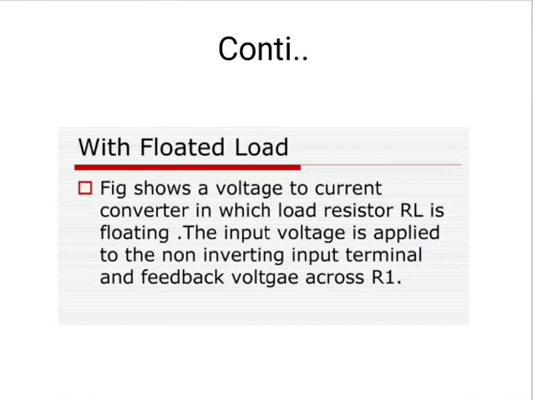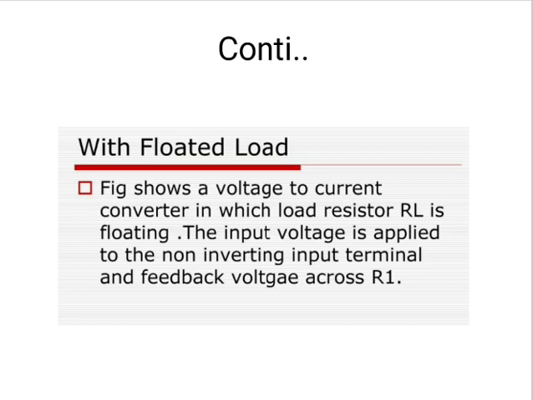Next is the V to I converter with floating load. Now the V to I converter, that is voltage to current converter, in which load resistor RL is floating, that is, not connected to the ground.